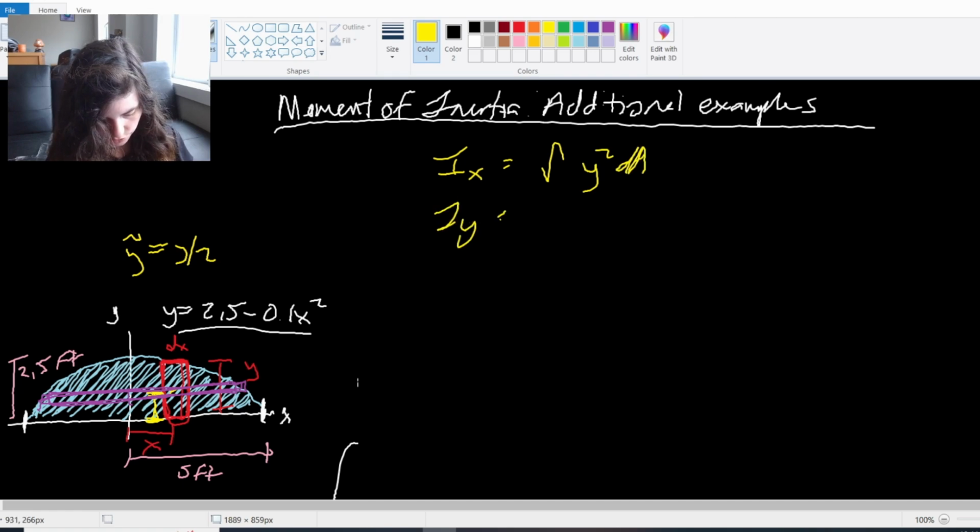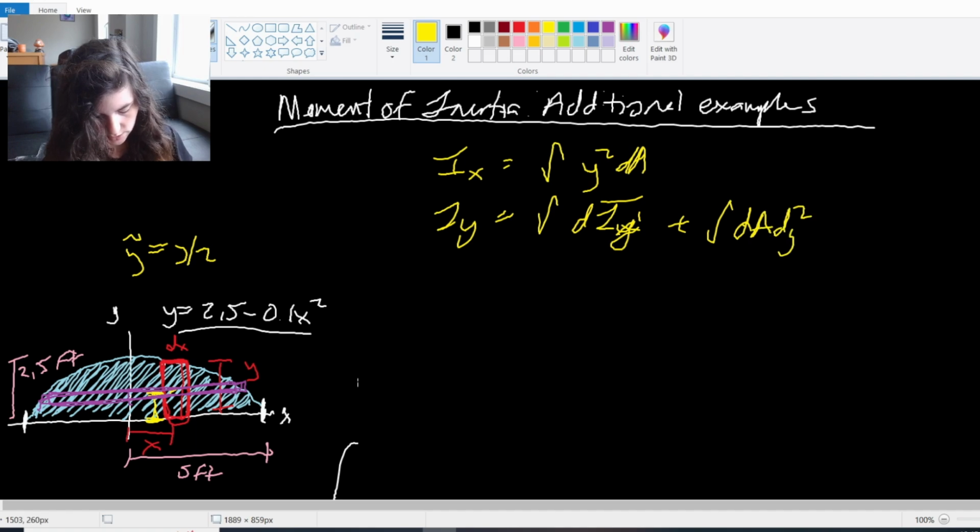And my moment of inertia about y uses the parallel axis theorem. So finding this moment of inertia y prime, moment of inertia about the centroid of the shape, plus integral dA dy squared. So now we need to pull out our information for this.